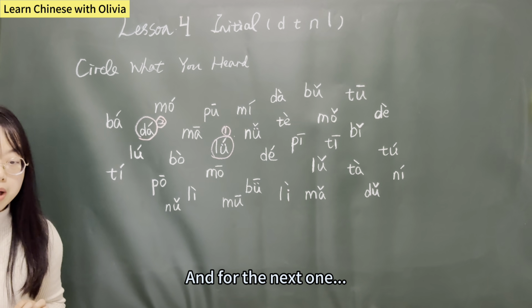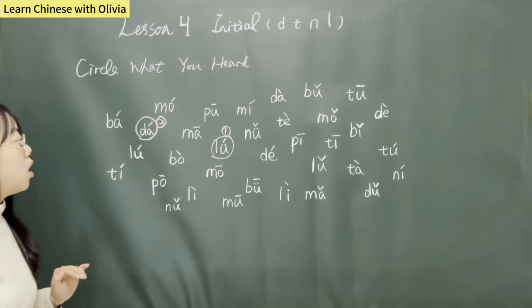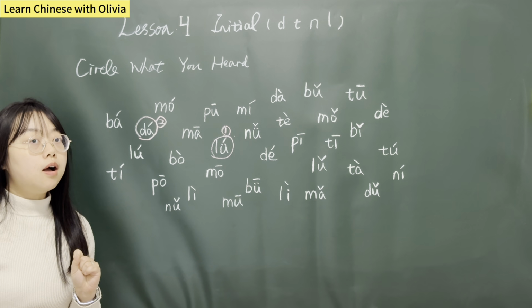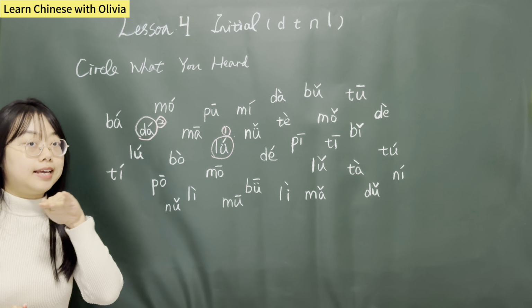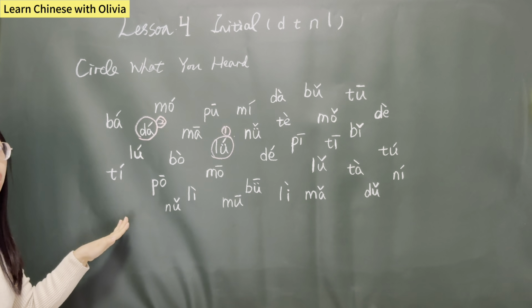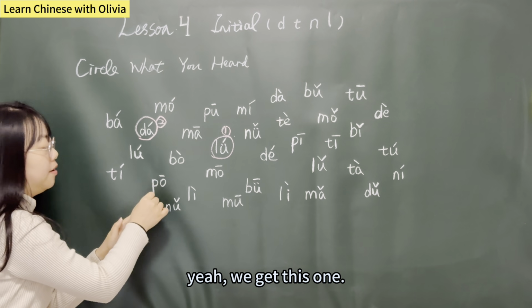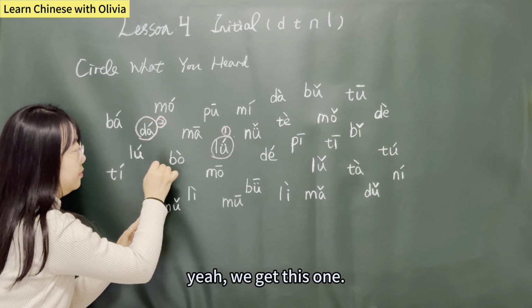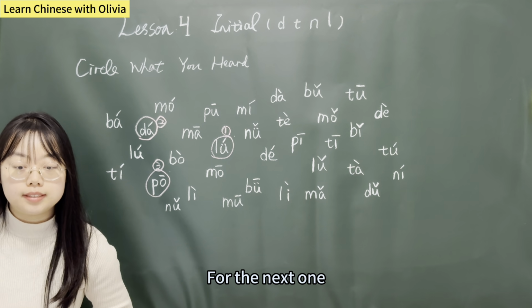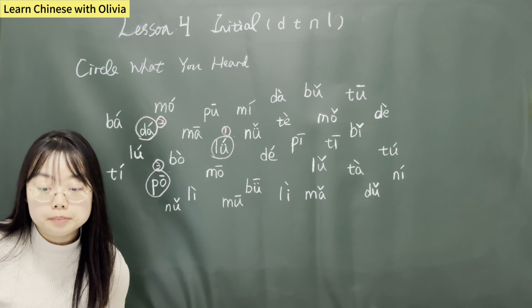And for the next one, 坡. It's 坡. That is a flat tone. Yeah, flat. So we can get 坡. Yeah, we get it for this one. For the next one, that is 马.